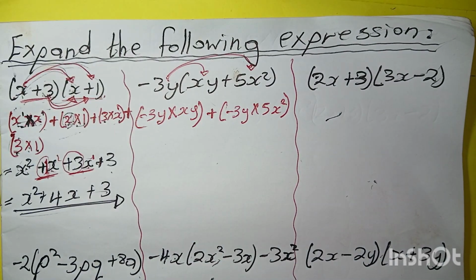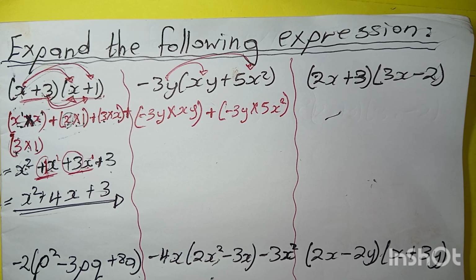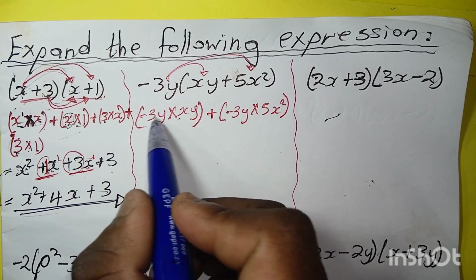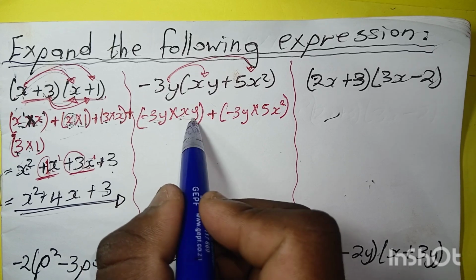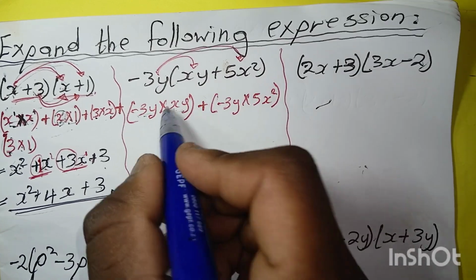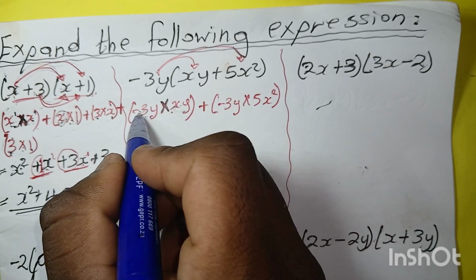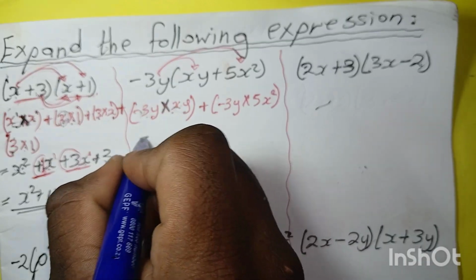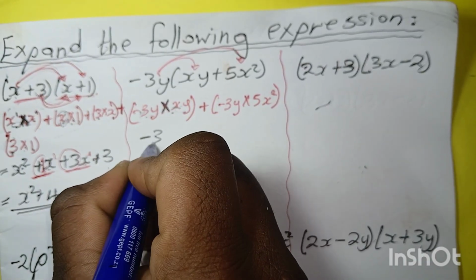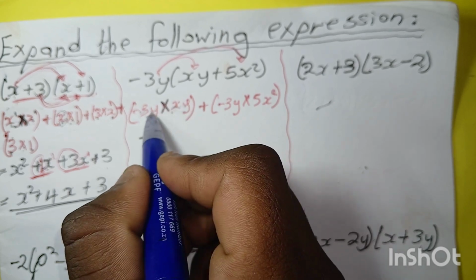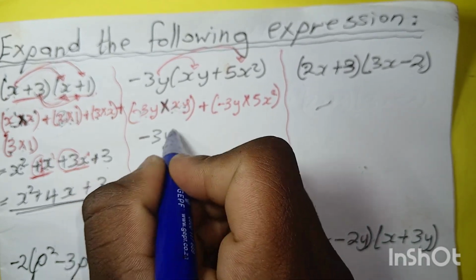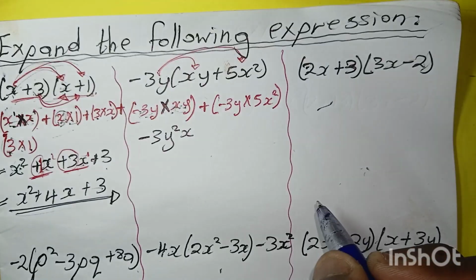Do you see? So now here we'll multiply. Check something. When we multiply different signs, we get what? We get negative 3. And when we multiply the same base, we add the exponent, it's 2x. Do you see?